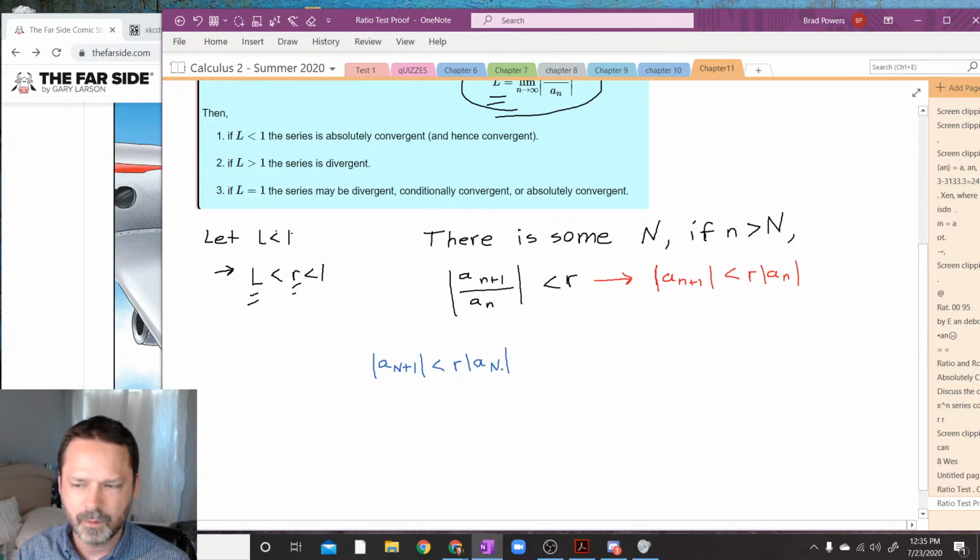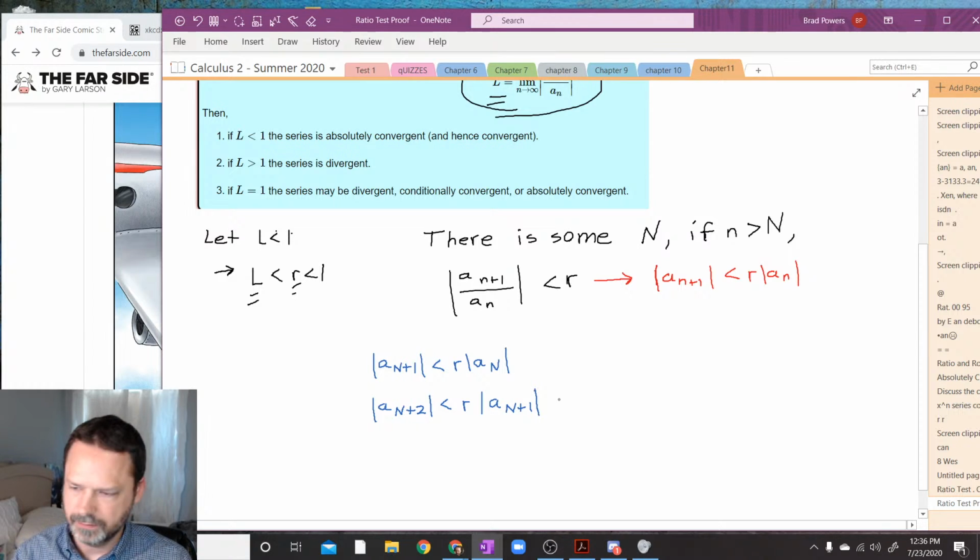Well, you know what else we'd have be true? The absolute value of a sub capital N plus 2 is going to be less than r times the absolute value of a sub capital N plus 1.